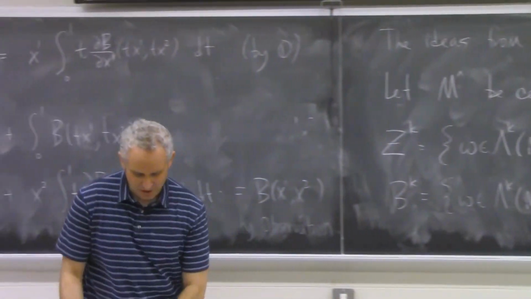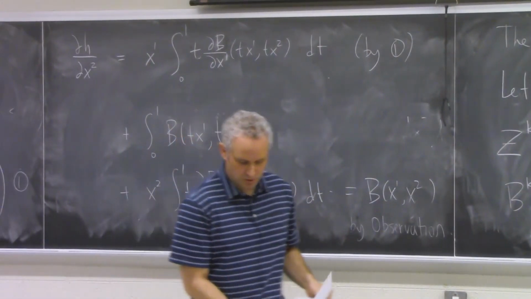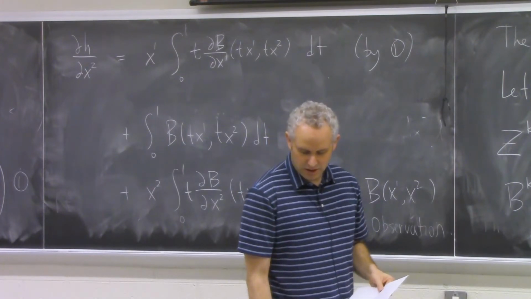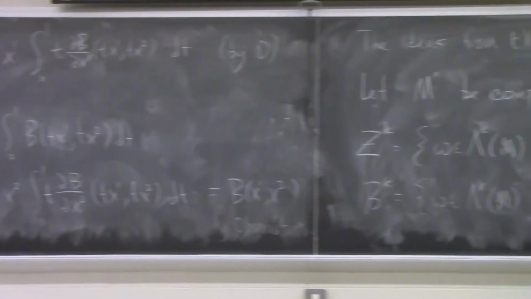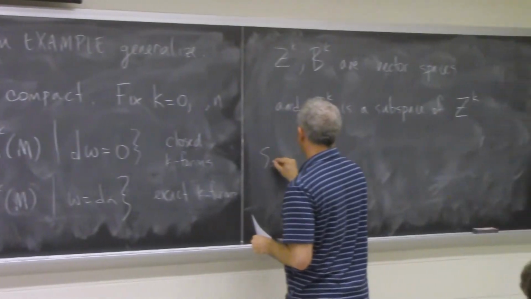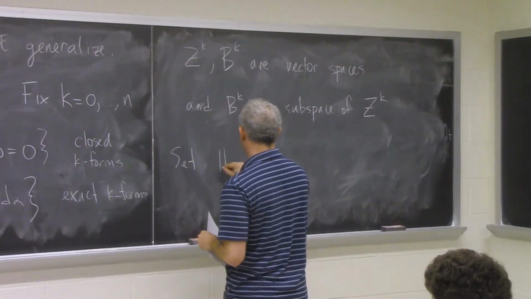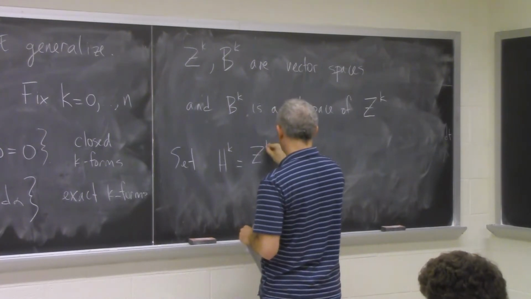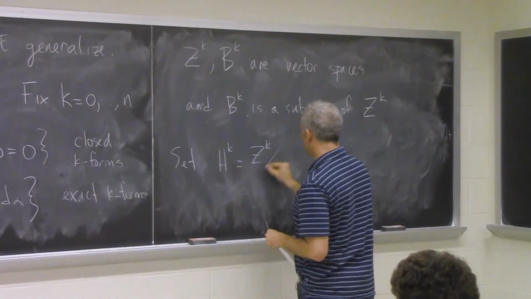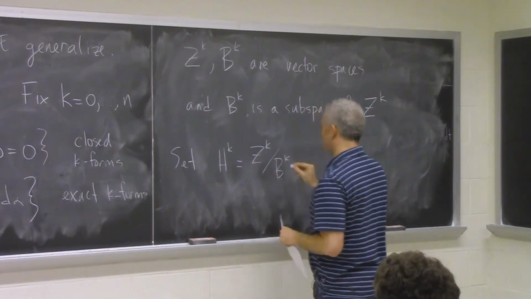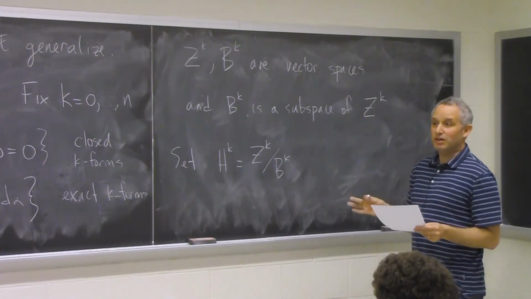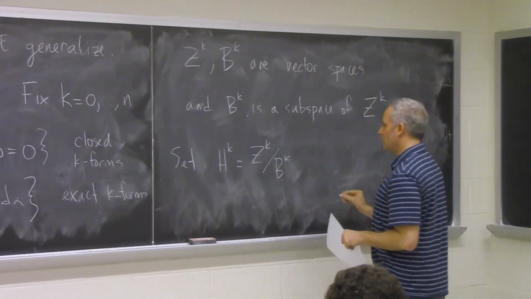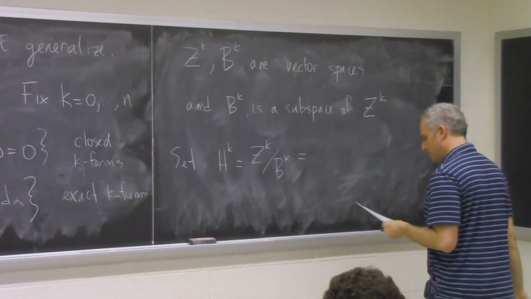All right. So now we're going to take this subspace of a vector space, and we're going to define H^k to be the quotient vector space Z^k over B^k. Let me tell you how to think of this, if you haven't seen quotient vector spaces before.